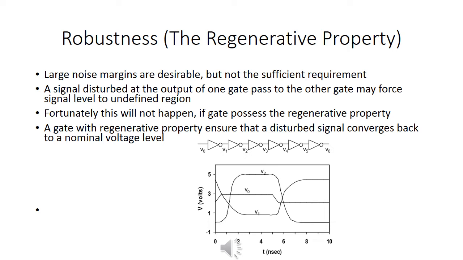Assuming that the number of inverters in the chain is even, the output voltage Vout will equal VOL if and only if the inverter possesses the regenerative property. Similarly, when a high input is applied to the input of the first gate, the output will be VOH if all the gates possess the regenerative property.